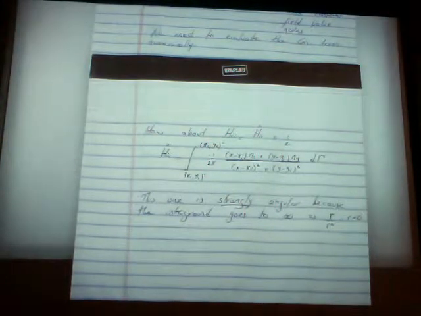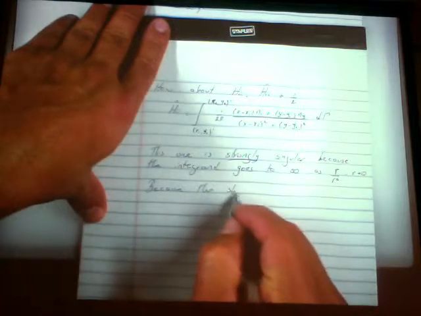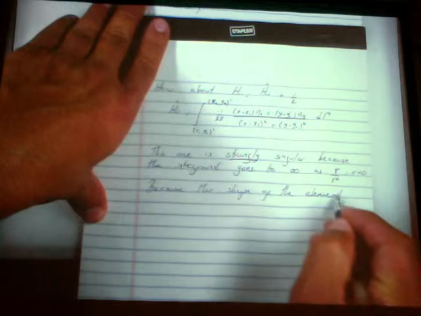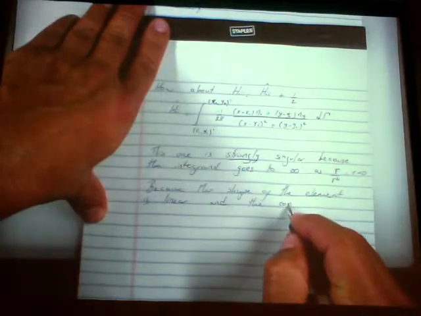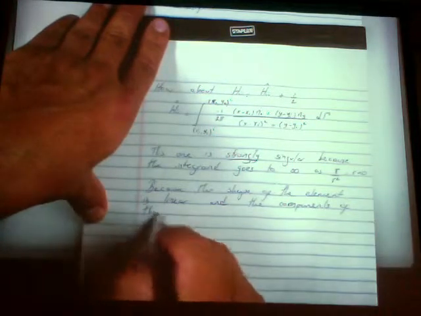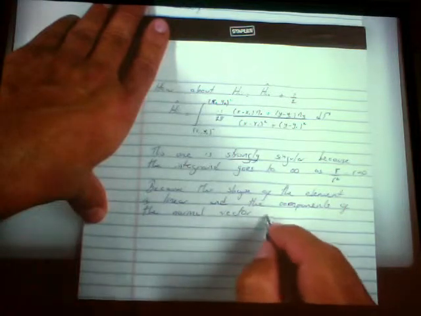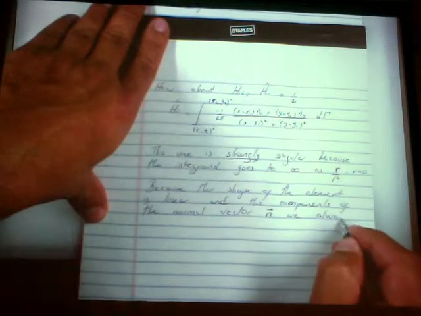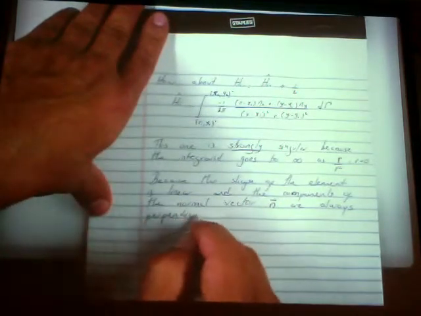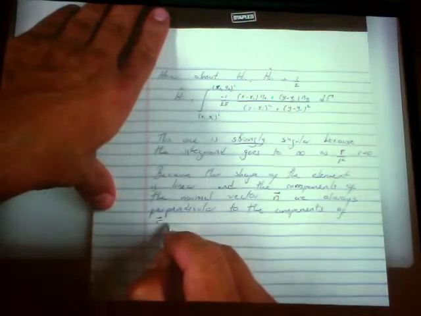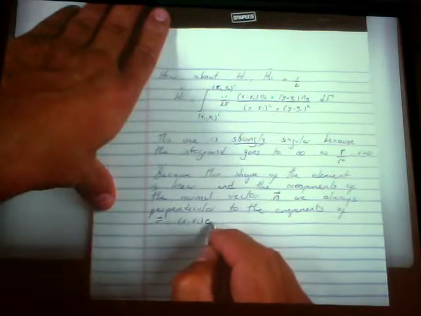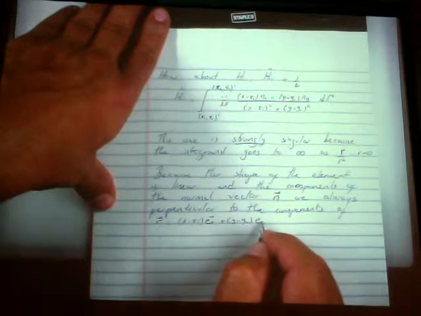All right? Now, it turns out that because the shape of the element is linear, and the components of the normal vector n are always perpendicular to the components of r, which is equal to x minus xi, y minus yi, that's the numerator.